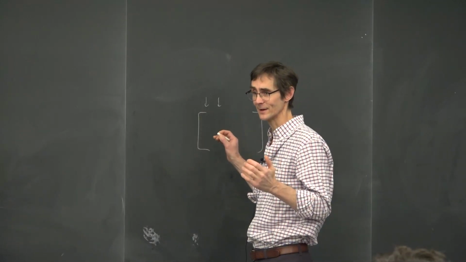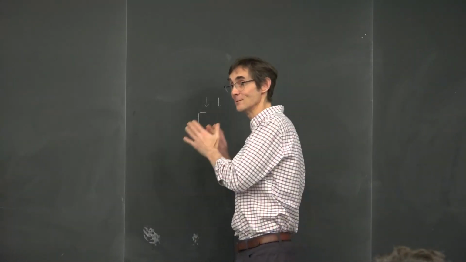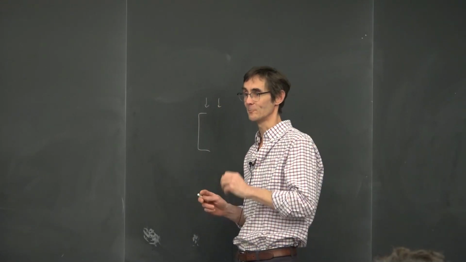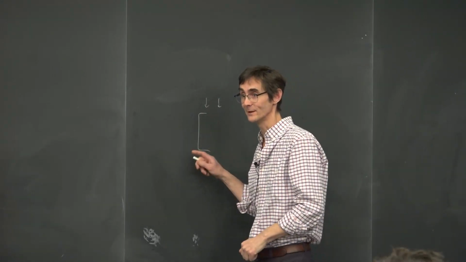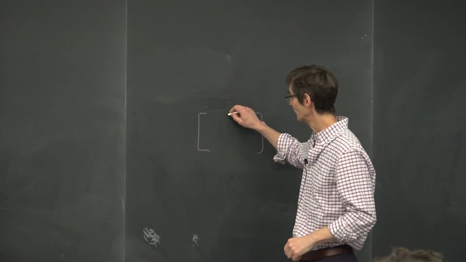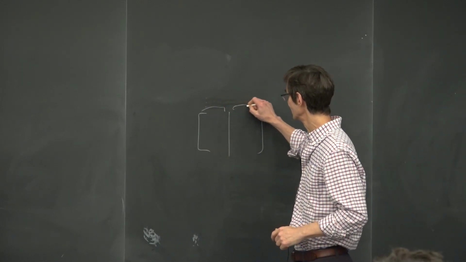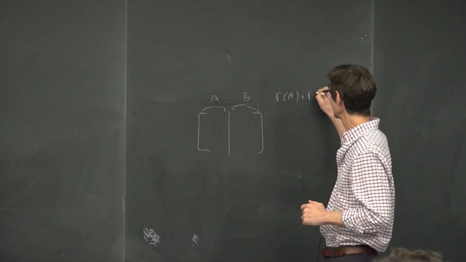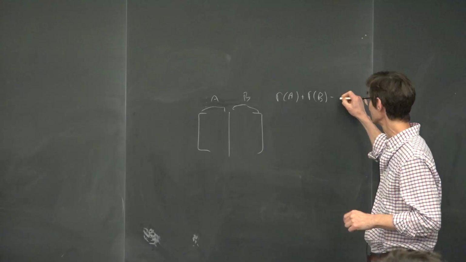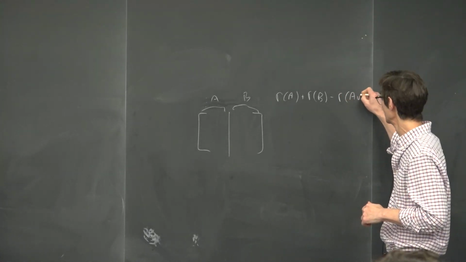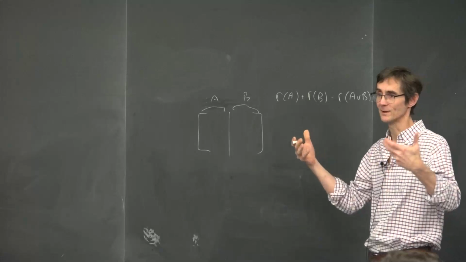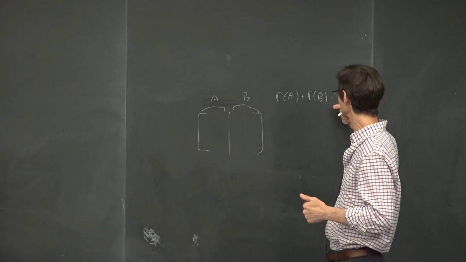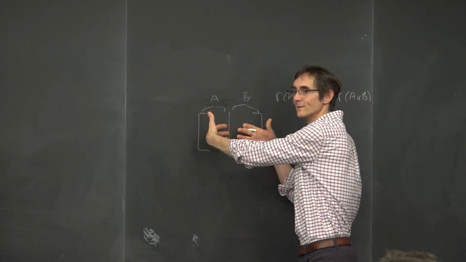If you really care about these things as vectors, not as a matrix, then probably you are thinking about the column matroid, and then you are asking for the rank of A plus the rank of B minus the rank of the whole matrix as being your connectivity. That would be because the subspace spanned by that plus the subspace spanned by that minus the rank of the whole thing is like the common span of these two things.